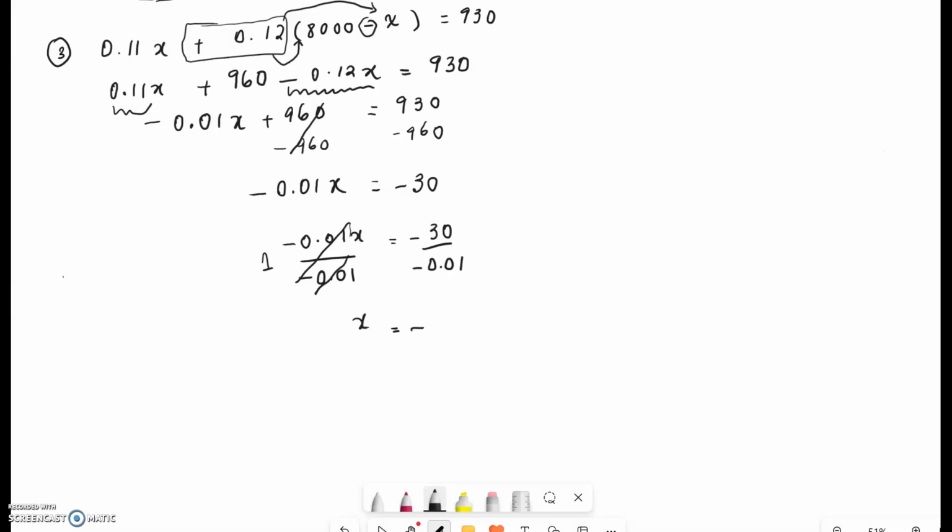And that should be a positive number. And this is equal to, we could just shift the decimal point 2 places to the right, do the exact same thing here, and that's how you get 3000, or just use your calculator.